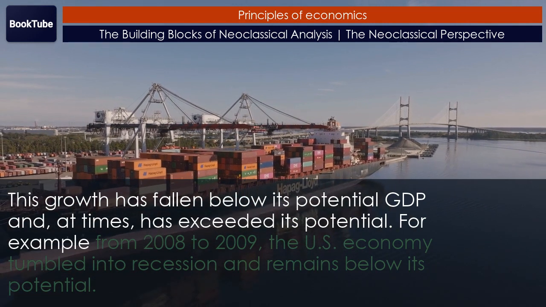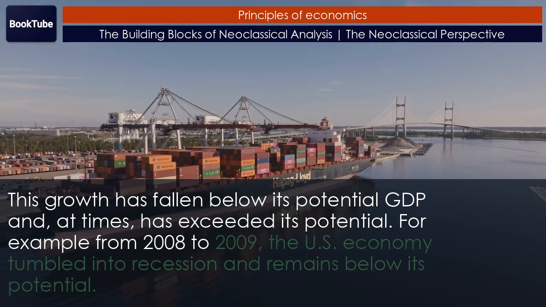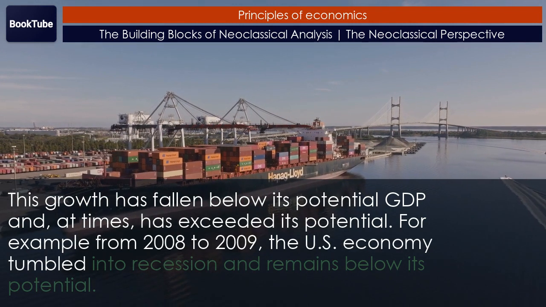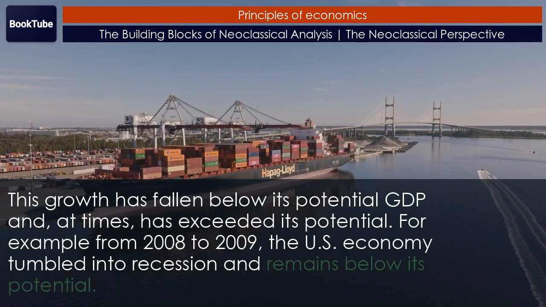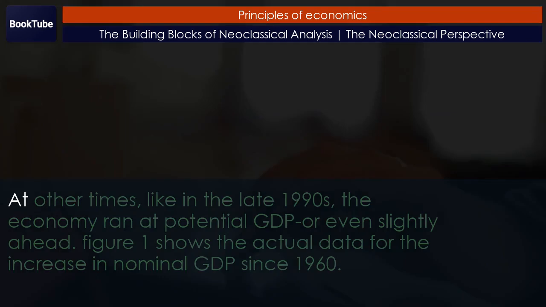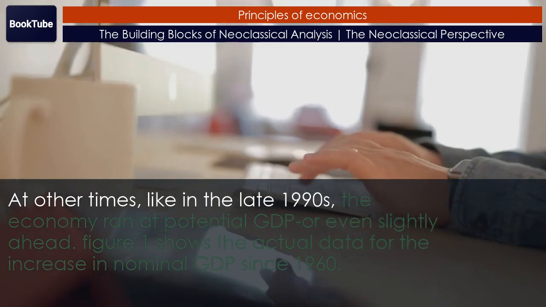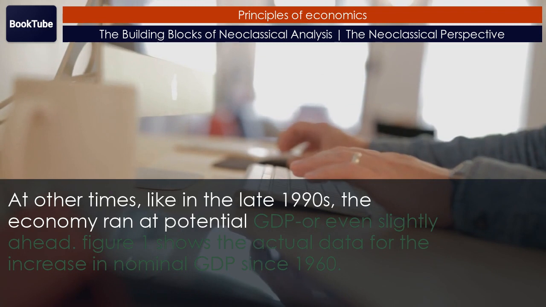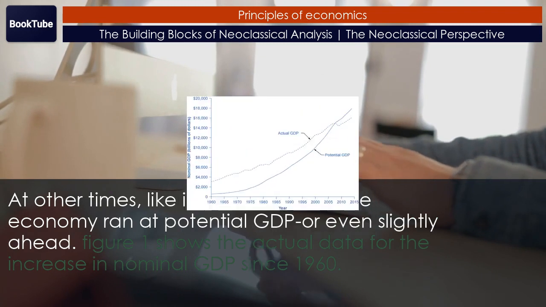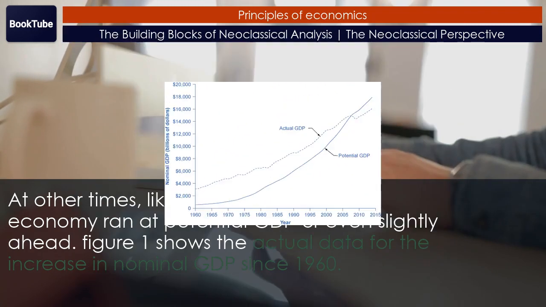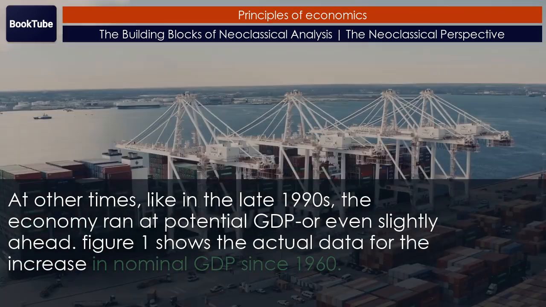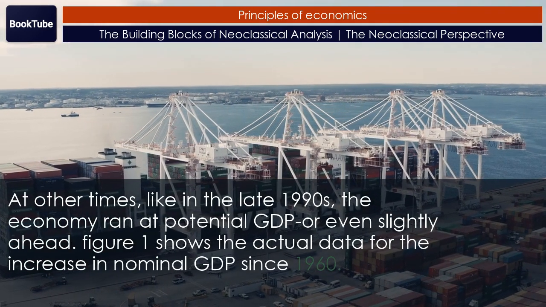For example, from 2008 to 2009, the U.S. economy tumbled into recession and remains below its potential. At other times, like in the late 1990s, the economy ran at potential GDP or even slightly ahead. Figure 1 shows the actual data for the increase in nominal GDP since 1960.